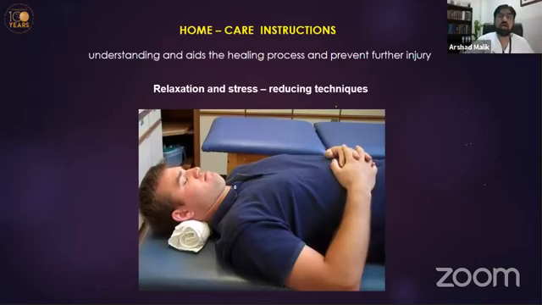You close the eyes and you relax yourself, and that will give you very good relaxation in the masticatory muscles. And this you always say to the patient, when you are in severe pain, you try to go for the relaxation exercises.